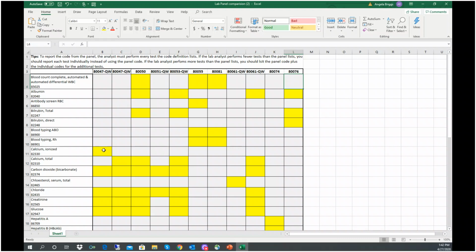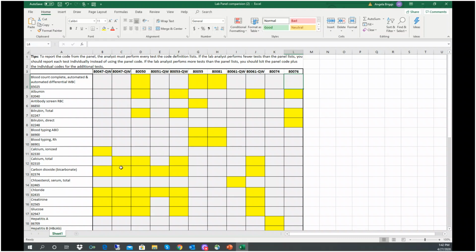So as you go across, if there are two panels being listed, you want to see: does any of the tests overlap? The reason for that is if we have one test, but we have multiple panels that were ordered, you can't bill two panels unless there were actually two tests performed.